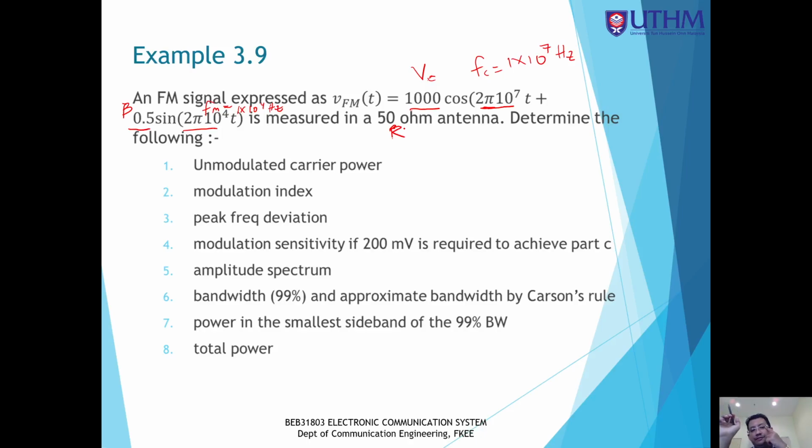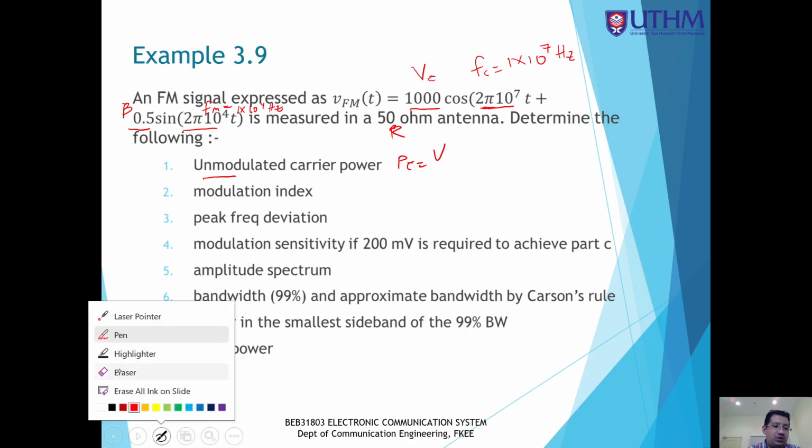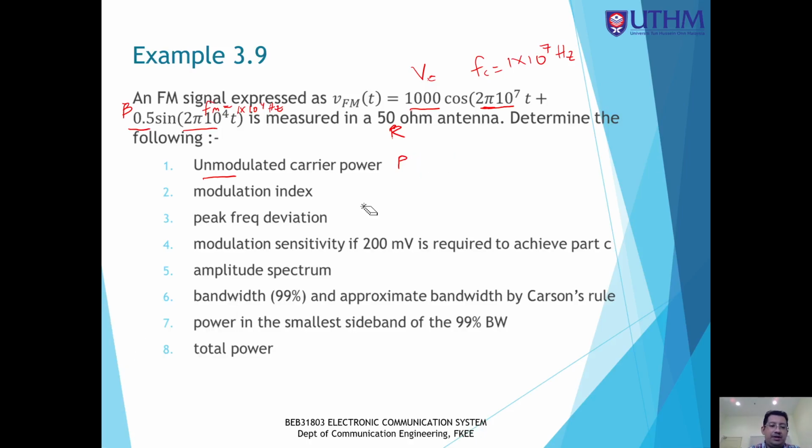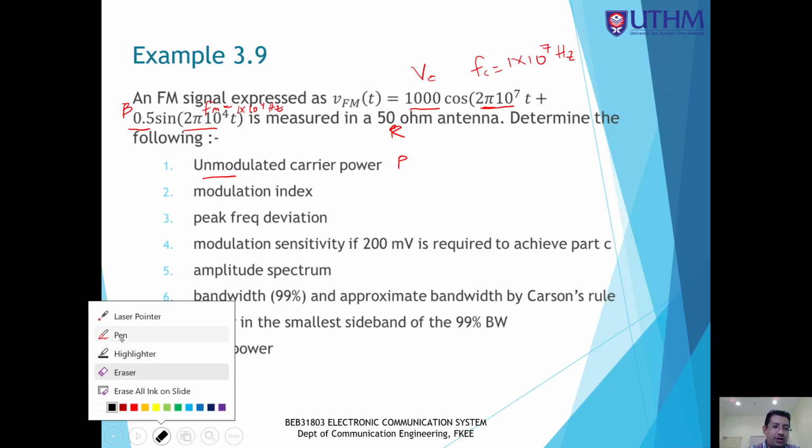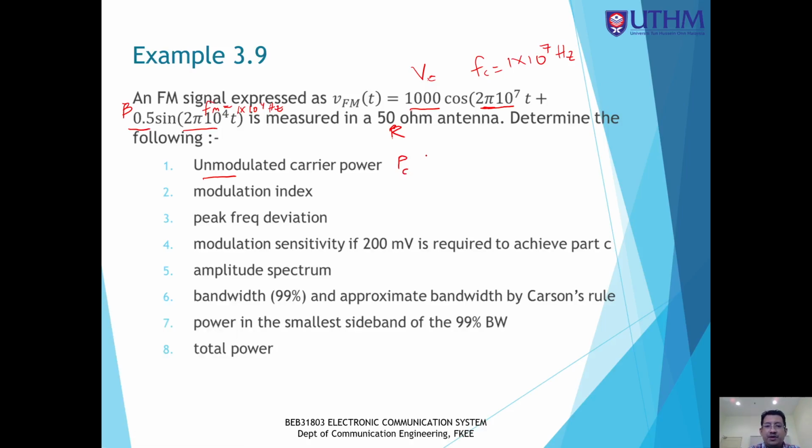So determine the following: unmodulated carrier power. Okay, the carrier power, which is equal to PC. So PC is equal to VC square divide with 2R.